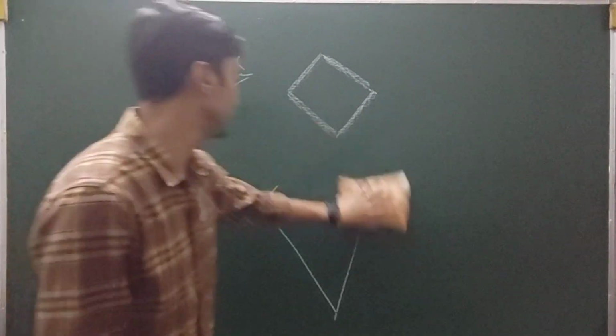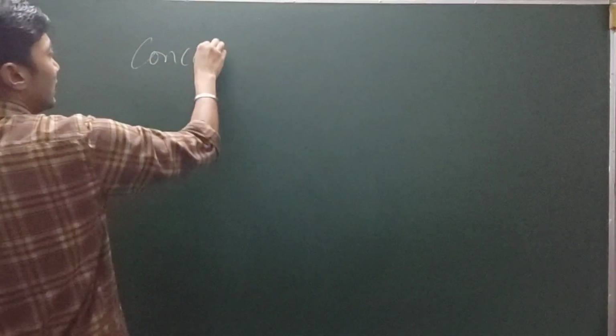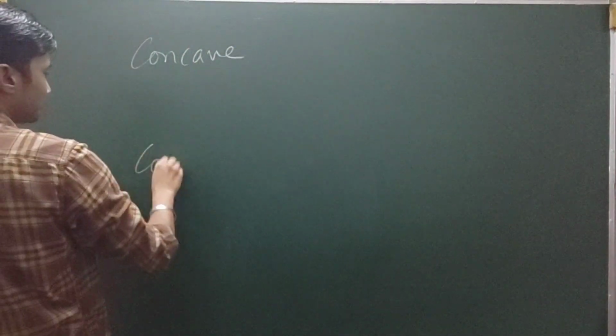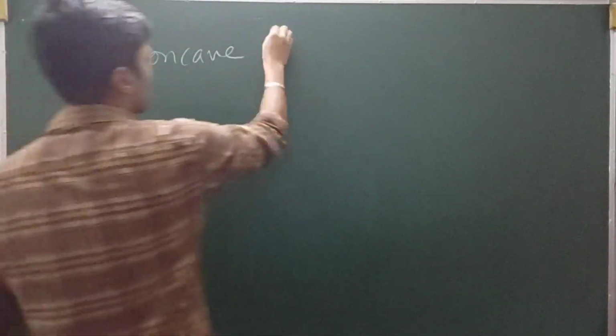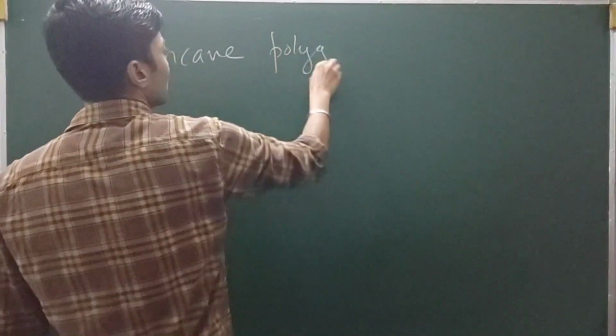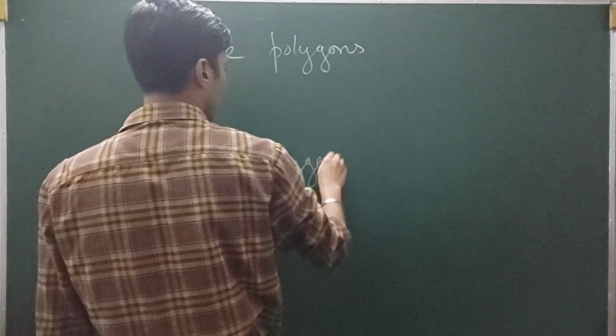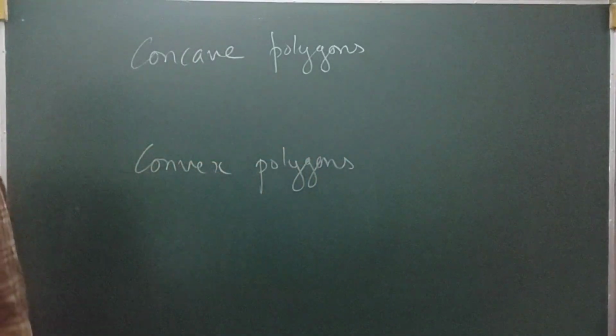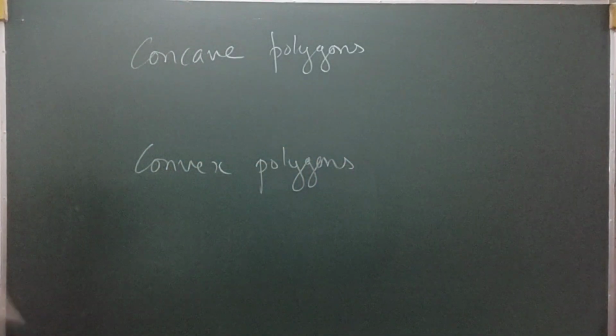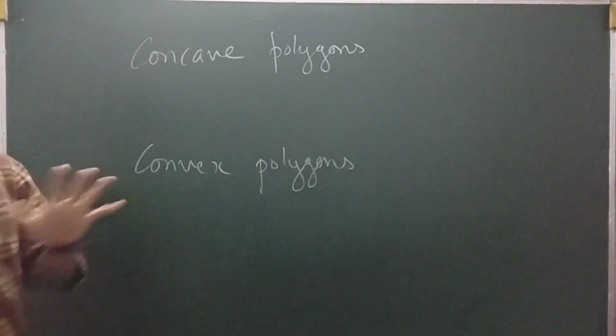Then, what more can we learn about polygons? Yes, we have concave and convex polygons. What are concave and what are convex polygons? Try to understand this.